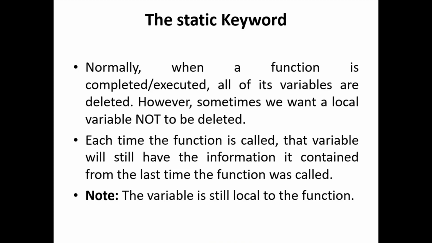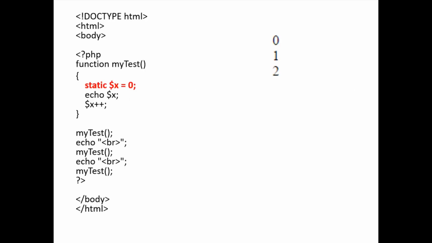Each time the function is called, that variable will still have the information it contained from the last time the function was called. So it will preserve your information. The variable is still local to the function, but it has the information retained from the last call. So that is the static keyword.